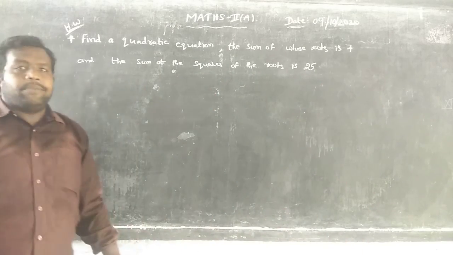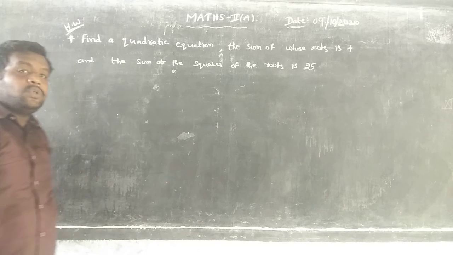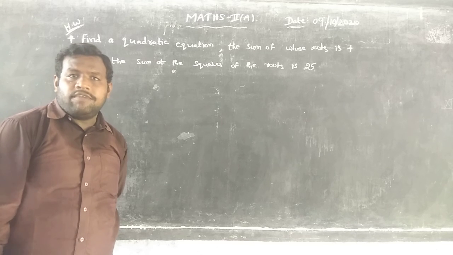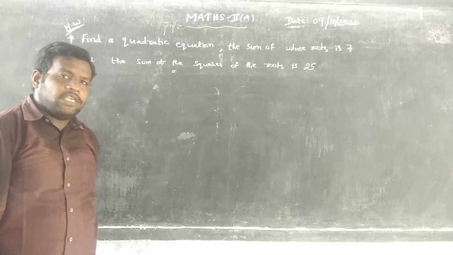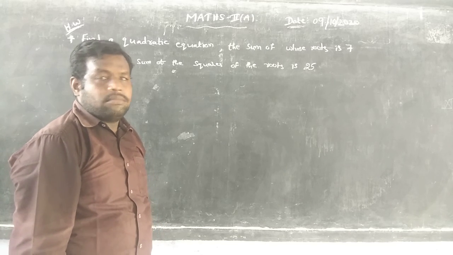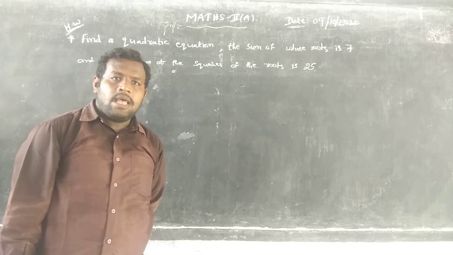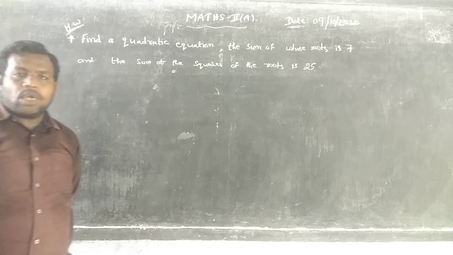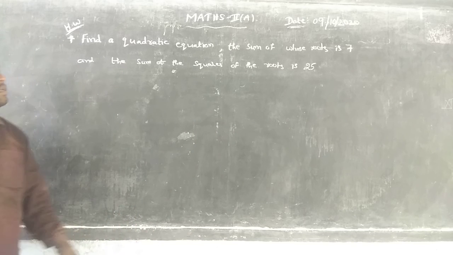Okay students, same as the previous problem model. In the previous one, the sum of the roots was 1 and the sum of the squares of the roots was 13. But in this problem, the given condition is that the sum of the roots is 7 and the sum of the squares of the roots is 25. Everyone note that one.